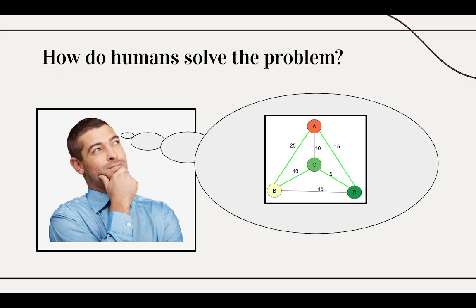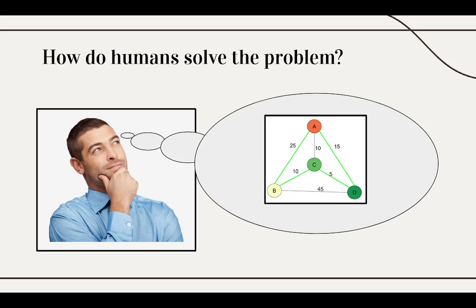Well, that's the one that measures 10 going to city C, and then there's that one that measures 5 on city D, and I cannot go back to A because then I would be going to a city more than once, and so I have to take the path to B, but that one is very long and it's very likely to give me a wrong answer. So let's go back and we can look at a different alternative. I see that I can go from A to D and it only costs 15.